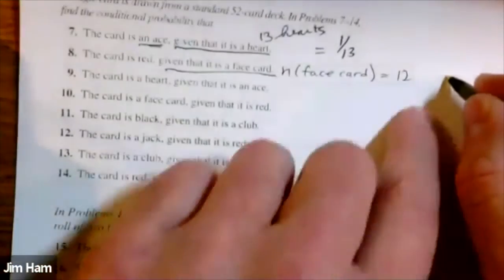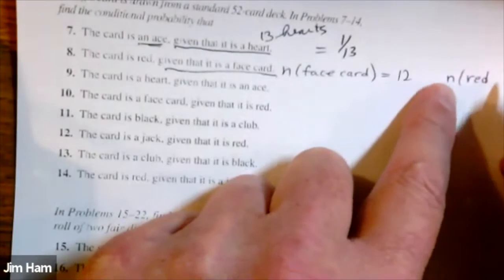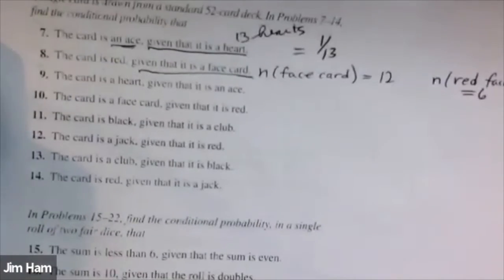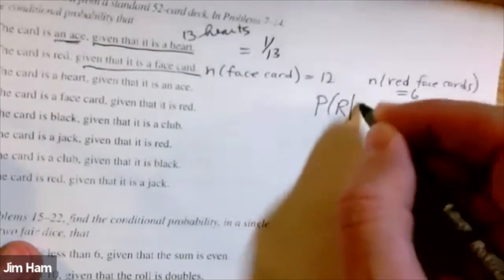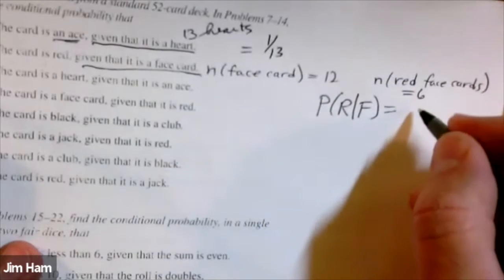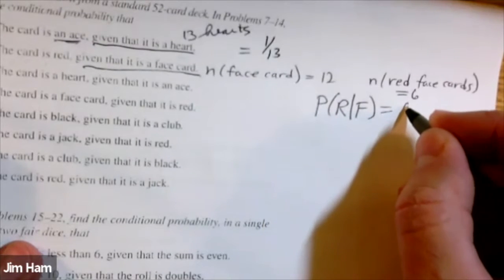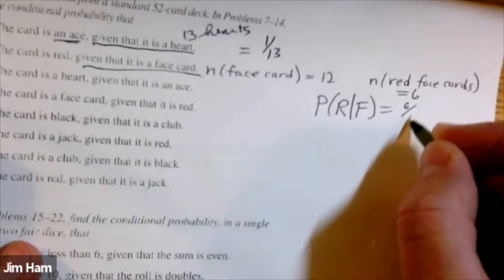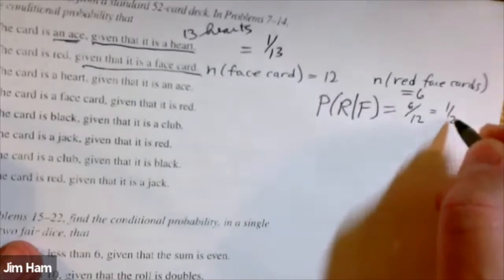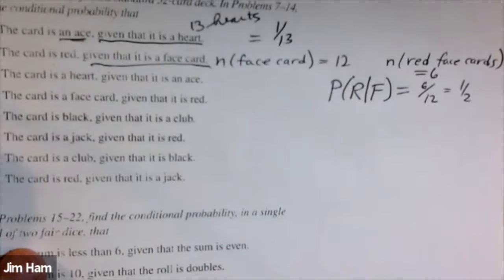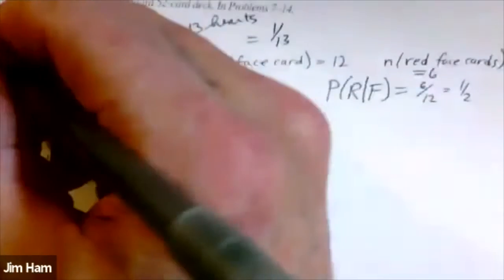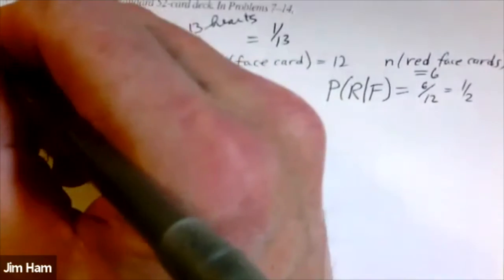The number of red face cards is 6. So the probability of red given face card is red and face card, 6, over face cards, 12. 1/2.